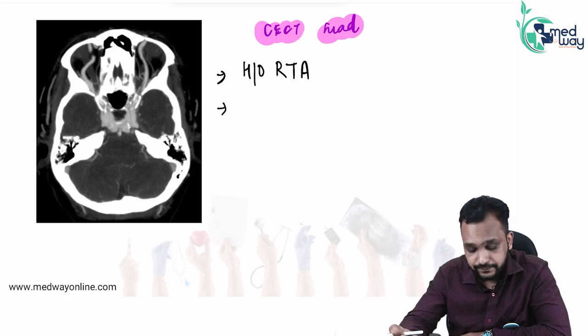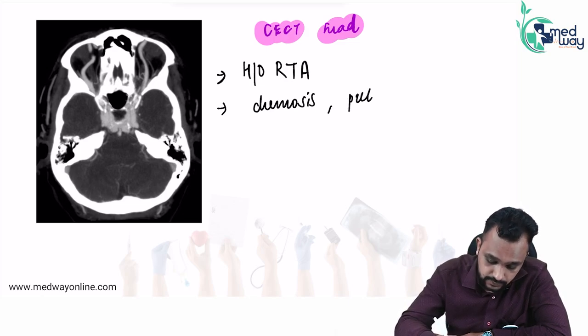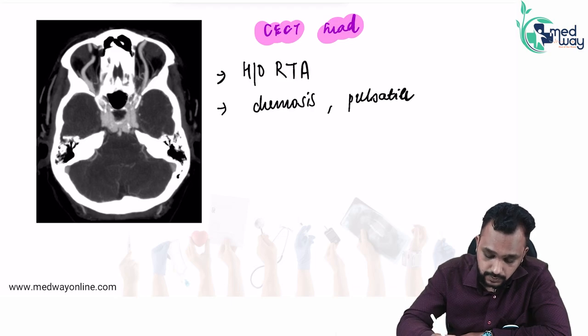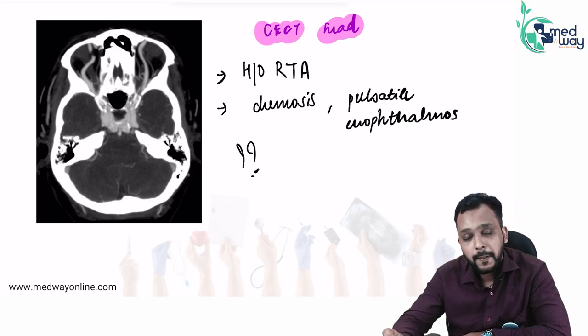Along with that, the patient has history of chemosis and pulsatile exophthalmos. Now the question is, what is the diagnosis, right?